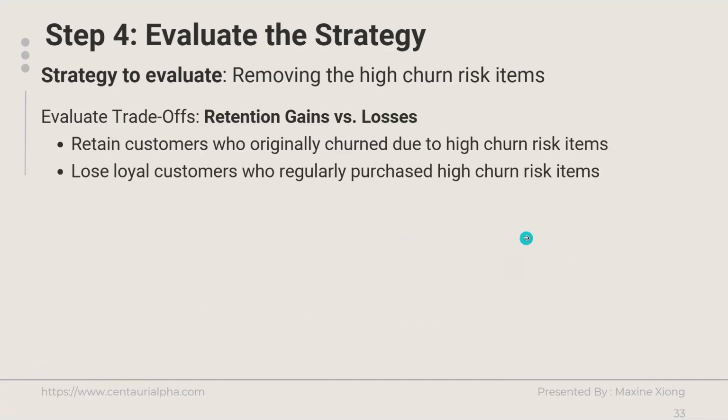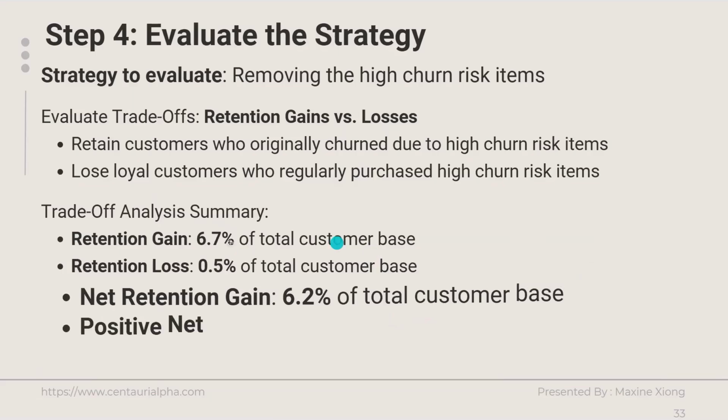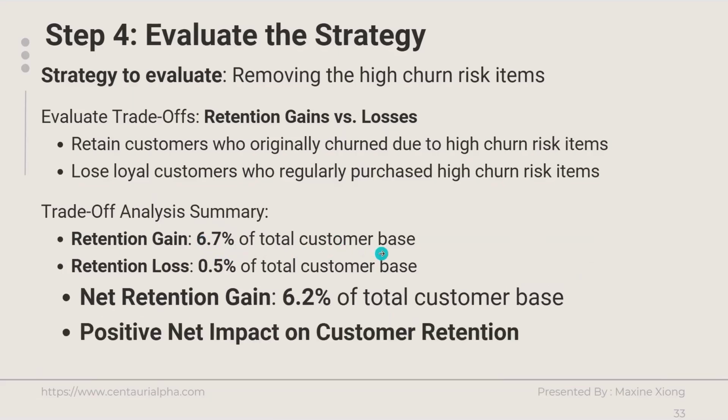Although removing high churn risk items could potentially retain customers who originally churned due to the purchase of those items, it may also result in losing the loyal customers who regularly purchase those items. By evaluating the trade-offs between customer retention gains and losses, we estimated that removing those items could lead to a potential retention gain of 6.7% of the total customer base.